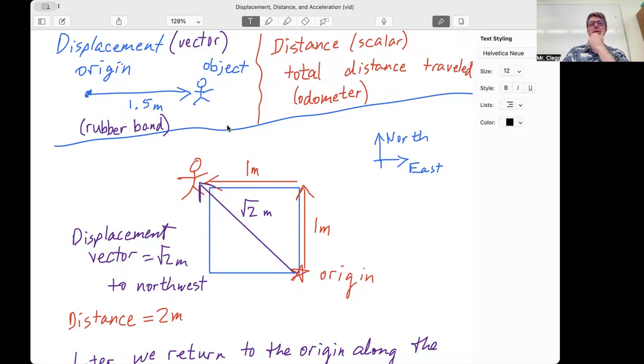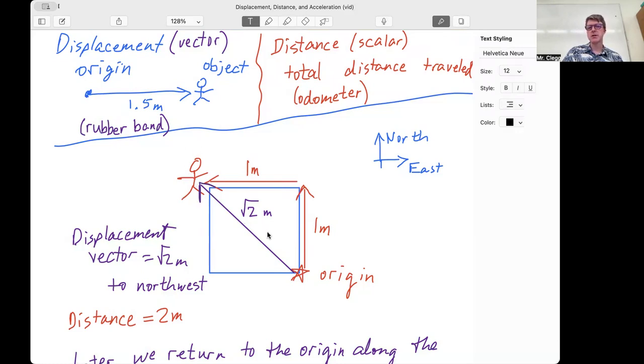So, displacement is a vector that points from the origin, which is whatever point we choose to be the origin, to the object in question. For example, here's my origin. I put a little star on the ground during class, and I walked along a square 1 meter, and then 1 meter again.